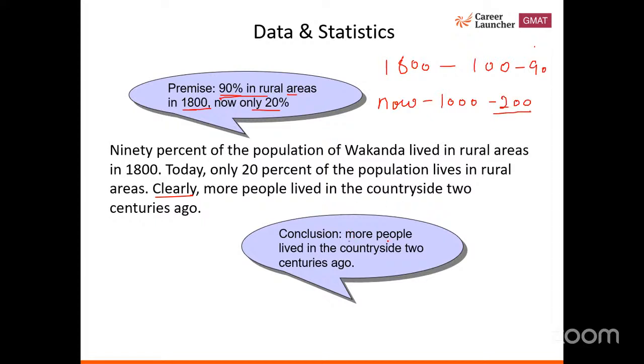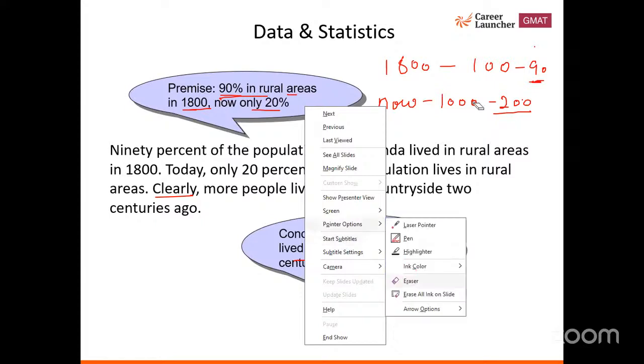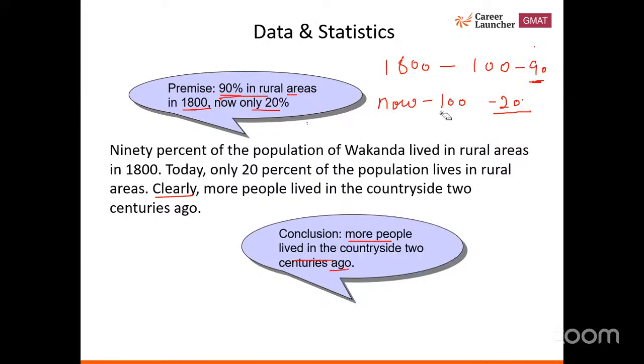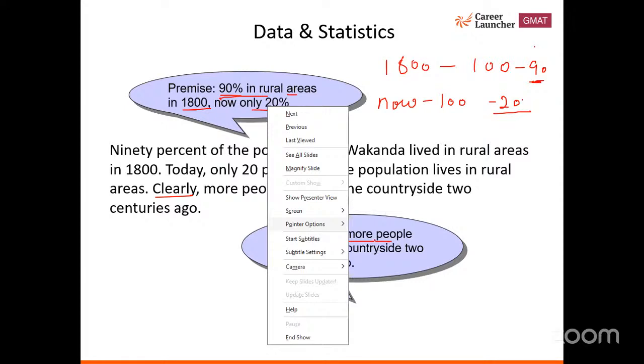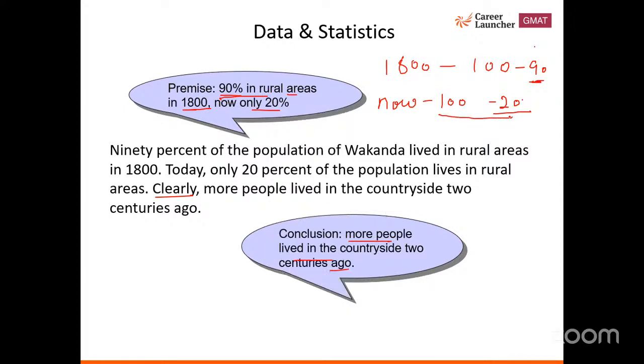Can we necessarily say more people live in countryside 2 centuries ago? Not really. When is this going to be true? This is only going to be true when I assume that the total remains the same, when I'm assuming that the population has not changed. Only in that case this is going to work.